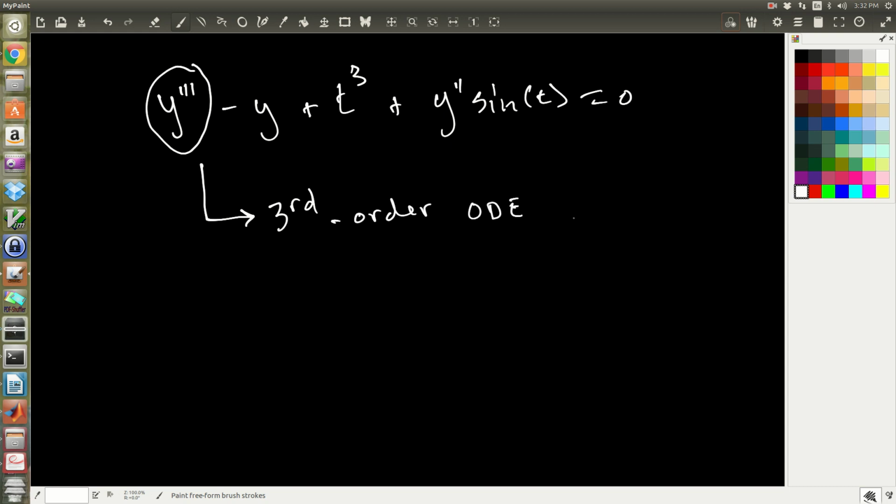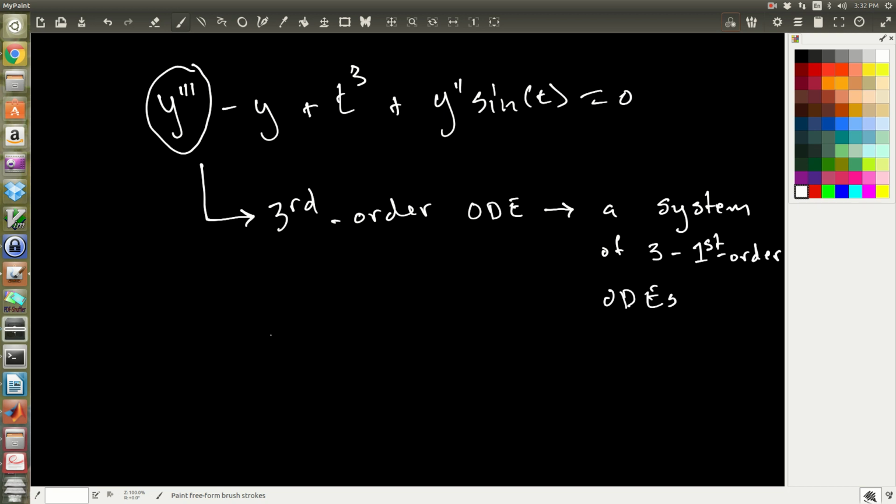Now, because it's third order, that implies we can transform it into a system of 3 first order ODEs.